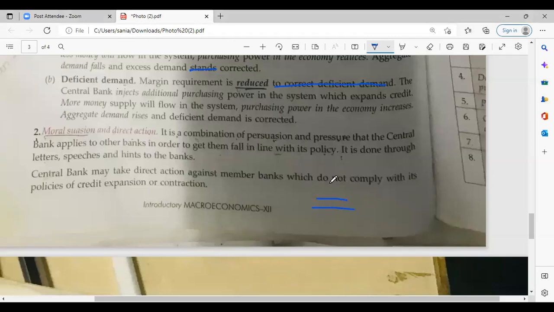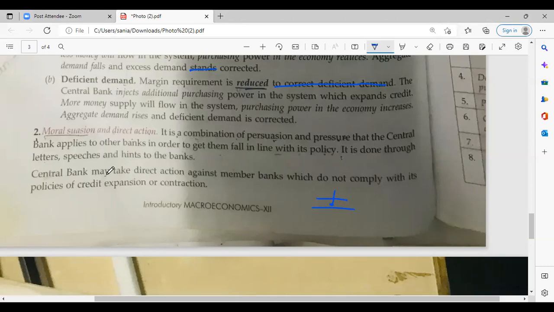If I tell you people to do this, and you apply it here, you are falling in line with it. And how is it done? It is done through letters, speeches, hints to the banks. Maybe I will give you a letter that this is the policy you all should apply, or I will give a speech or lecture that this is the policy I am starting, everyone should invest over here.